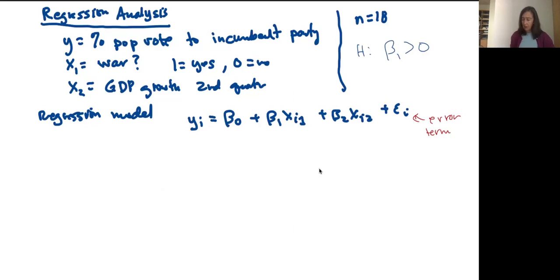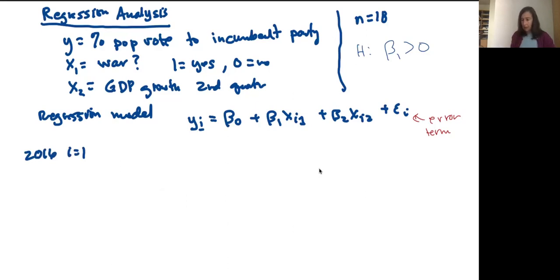Okay, so what I want to do is take this equation that's got the i indices in it and write it out for a few observations. So for 2016, let's say that that's our i equals 1 election. Do it the most recent first.